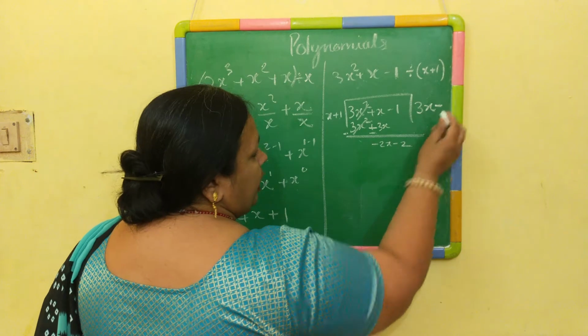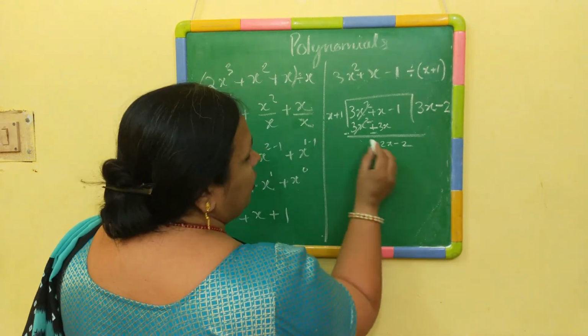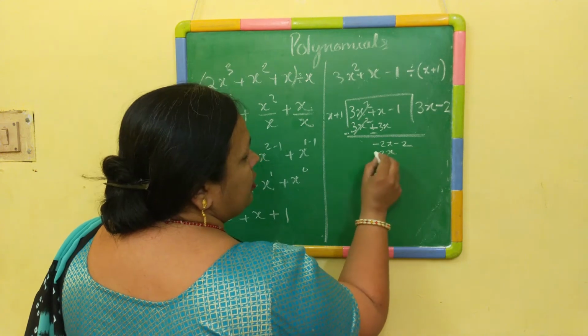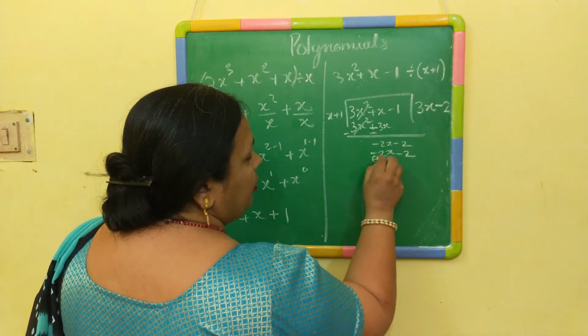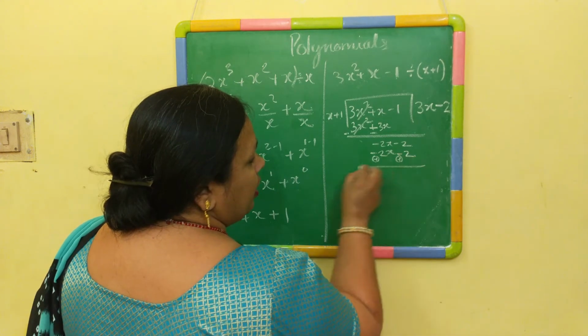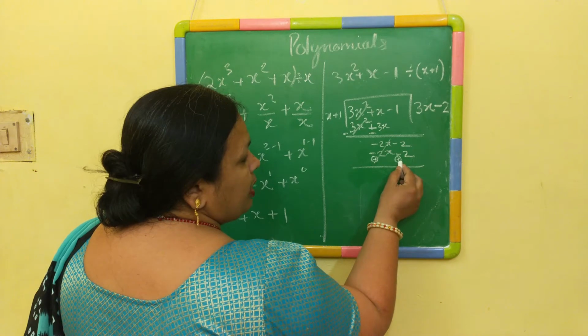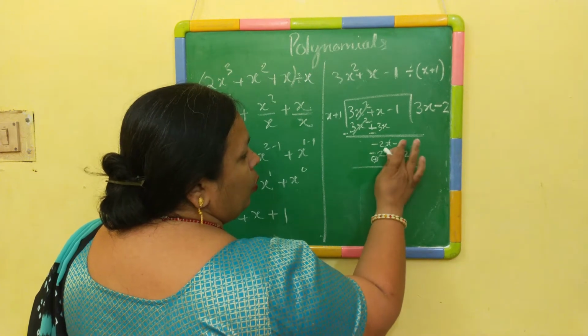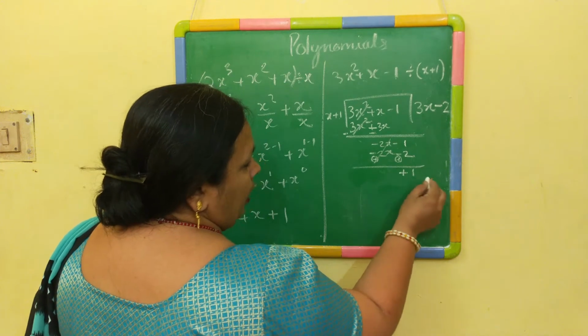Now putting minus as the sign and multiplying it by 2, we will get the value as minus 2x and minus 2. Again changing the sign for division, this will be cancelled, and this is plus 2 and minus 1 it is. So we will be getting it as plus 1.